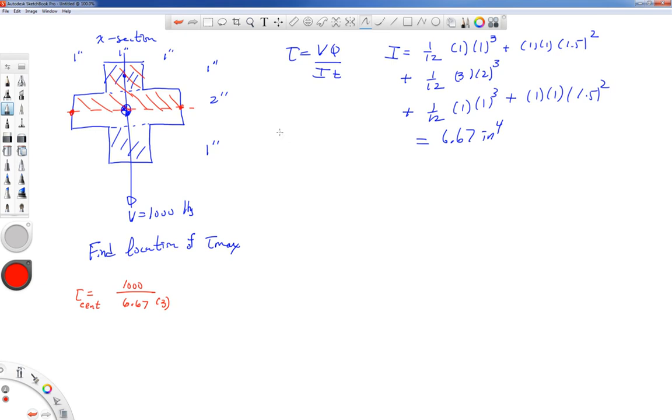The Q is going to be the summation of each piece's Y bar i, A i.